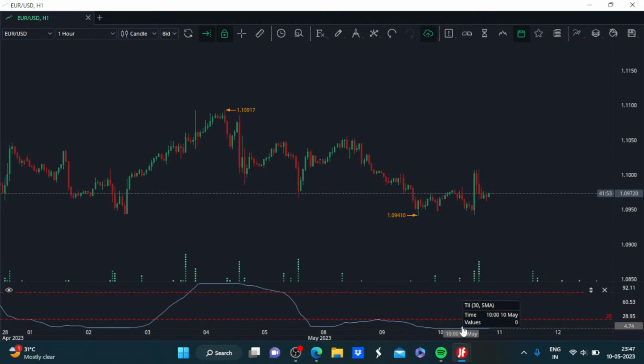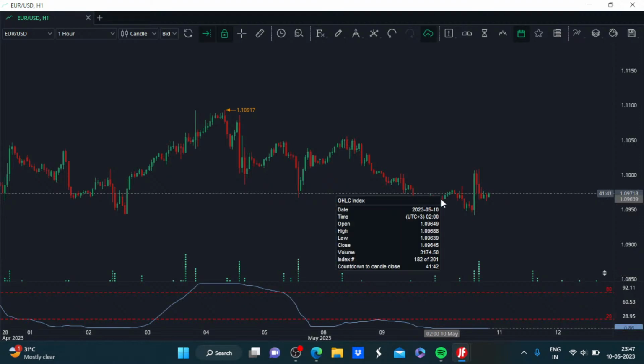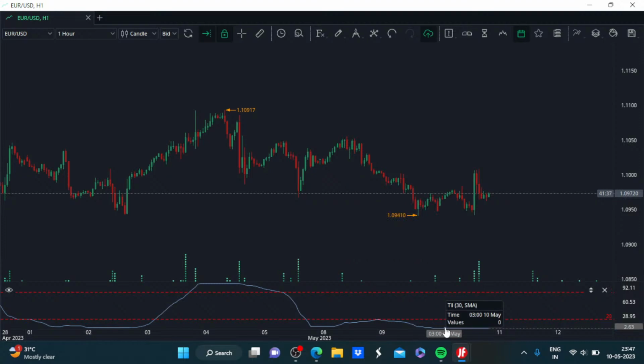Here for TII, the output has been fixed at 0 for quite long. And if we look at the price action for EUR/USD, it has remained bearish. So even if you had looked for opportunities to short sell EUR/USD since this 1 GMT of 9th May, that is yesterday, you would have been in quite a significant amount of profit.